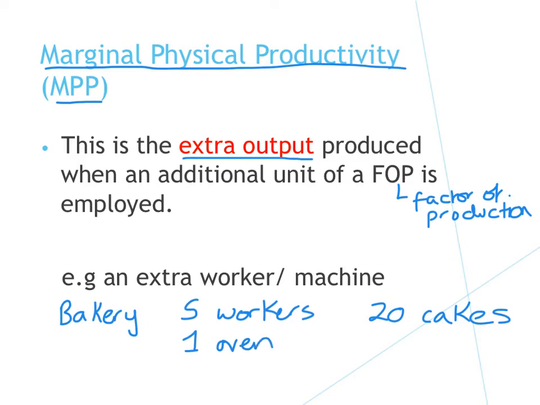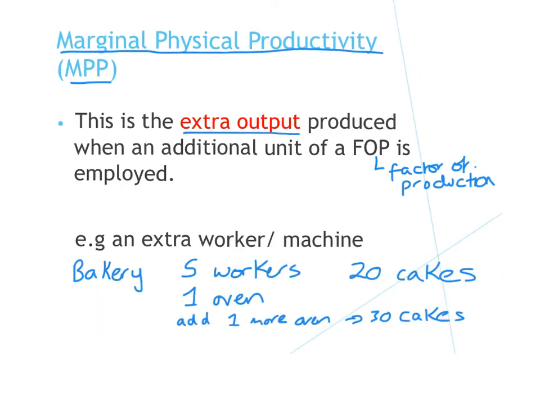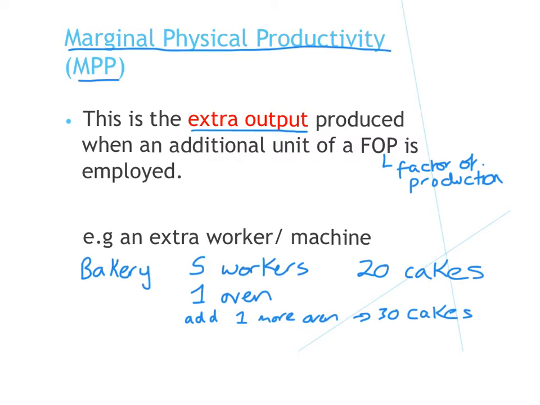Well, what we would be interested in knowing is what would happen if we added one more oven. So if we add this extra oven and we end up with 30 cakes, then we know that the MPP is equal to 10 cakes. And I just get that from taking 20 from 30.